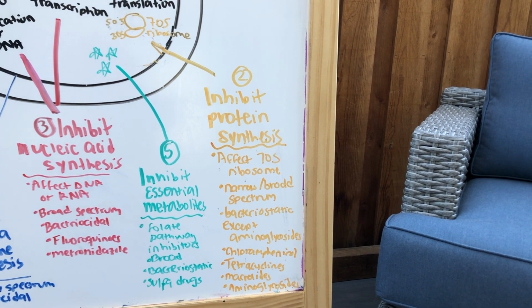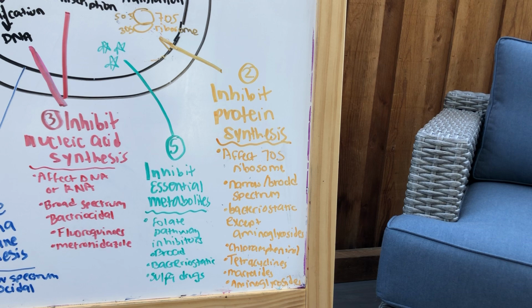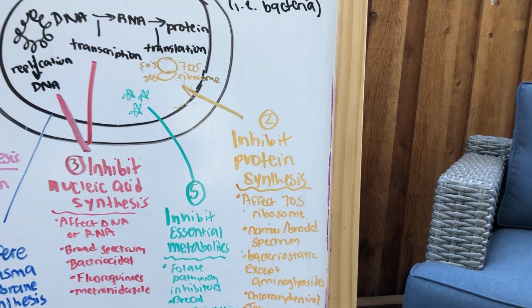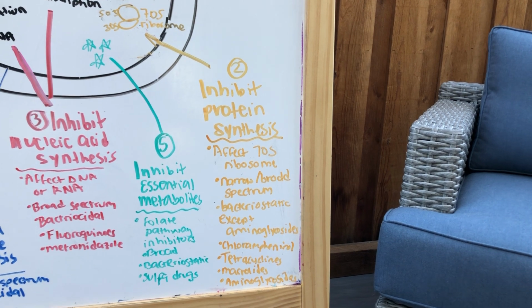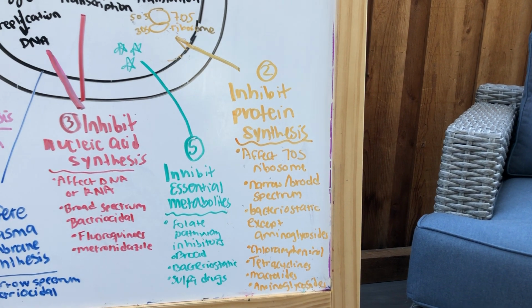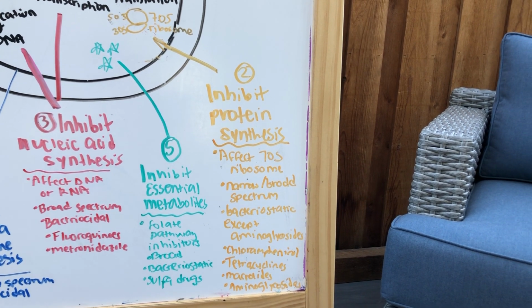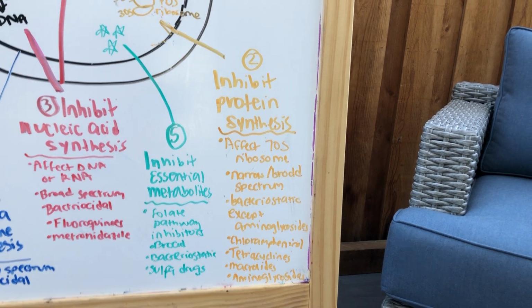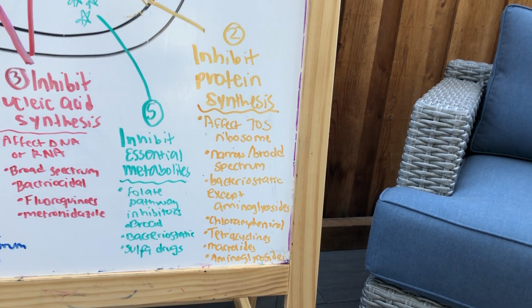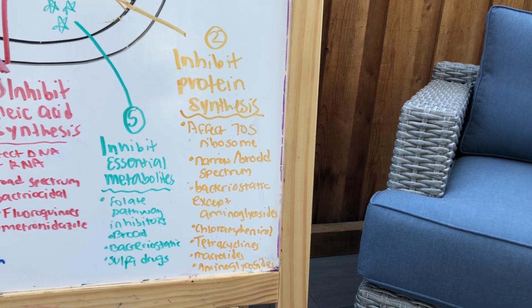So when we say these drugs inhibit protein synthesis, they're affecting translation and/or the 70S ribosome. Keep in mind, we as humans, as eukaryotes, have an 80S ribosome. So these drugs are great because they affect the bacteria but don't necessarily affect our cells.